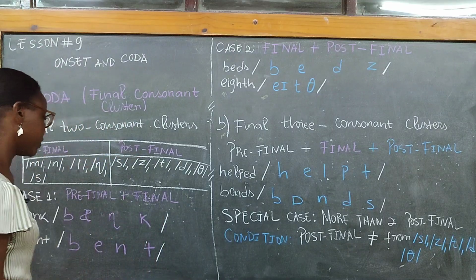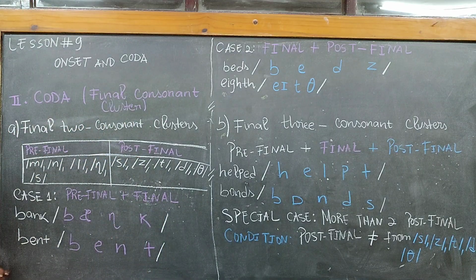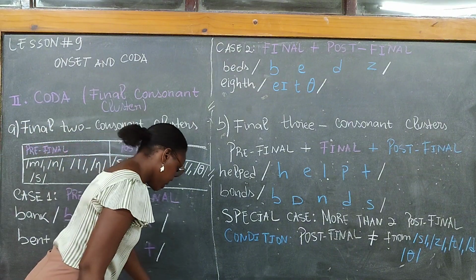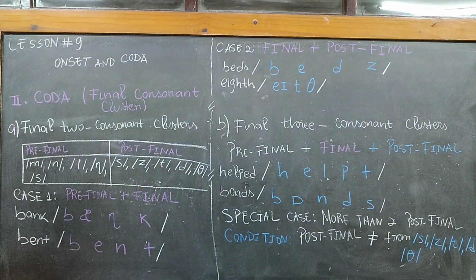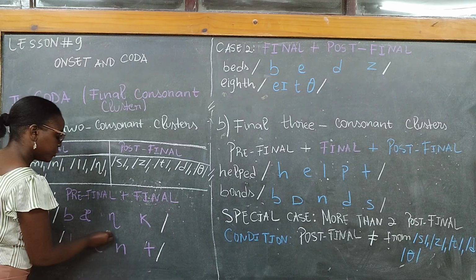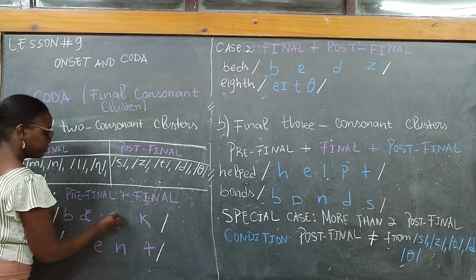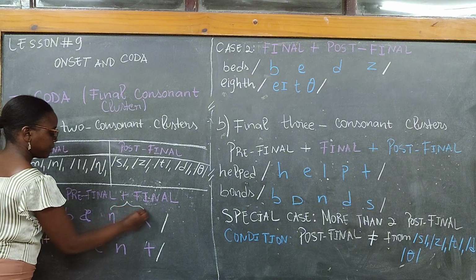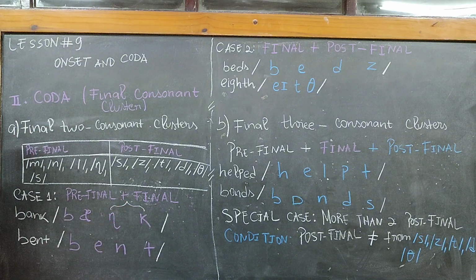So we have the words bank and bend. Very easy for us to understand this clearly. Now, the first example, the word bank. As we can see in the coda, we find a combination of two consonant sounds, n and k, bank. Now, what kind of combination is this?